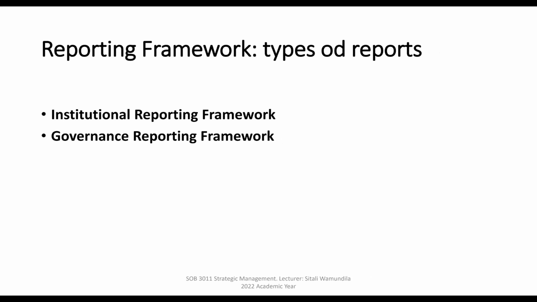Now, when it comes to the reporting framework, what are some of the types of reports that we do have? There are several reports that we do have. Number one, we have the institutional reporting framework.